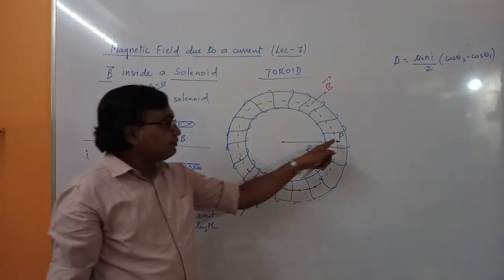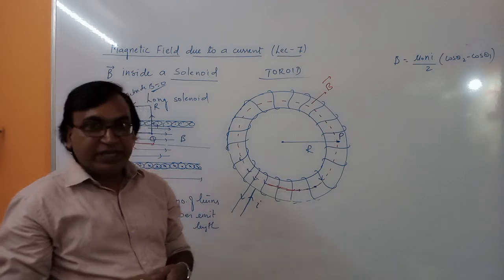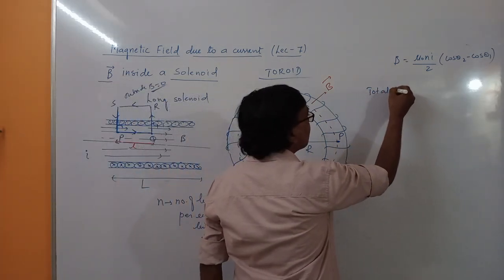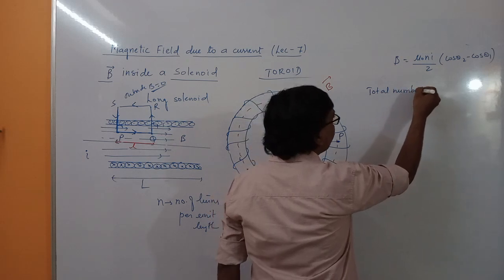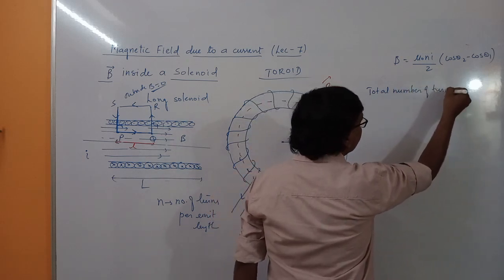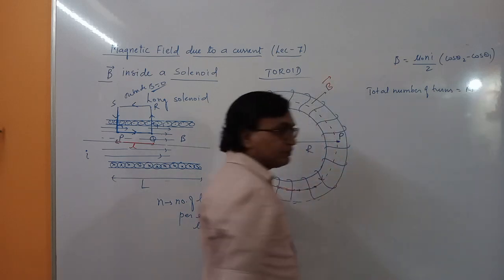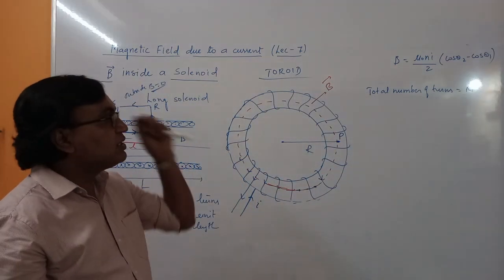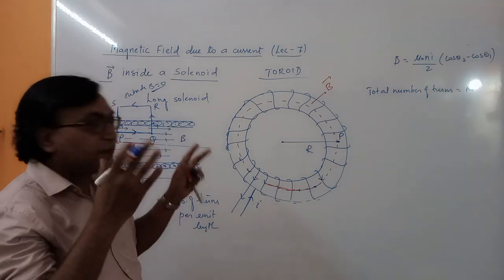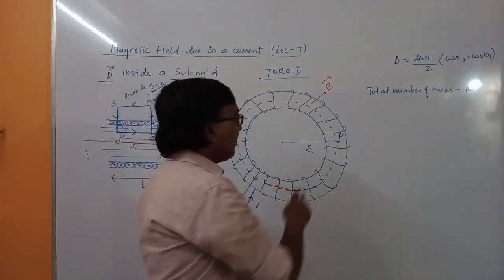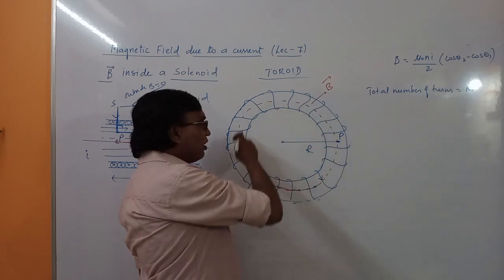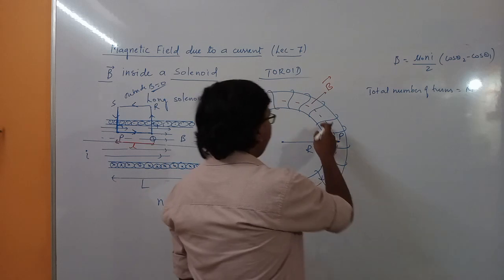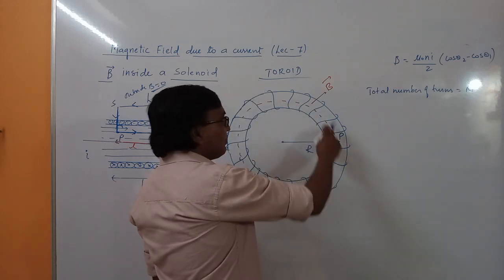To find the magnetic field at point P, let us assume the total number of turns is capital N. Small n we have used for the number of turns per unit length. So total number of turns is capital N. Then the magnetic field along this circulation will be due to all the loops. I will take this as an Ampere's loop.